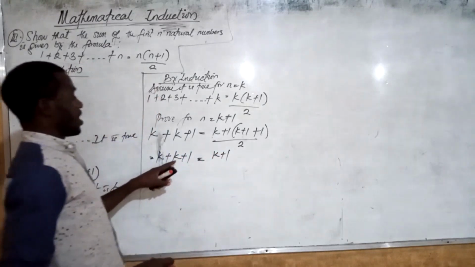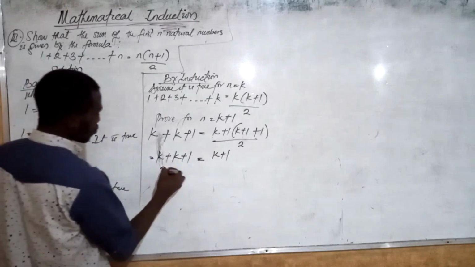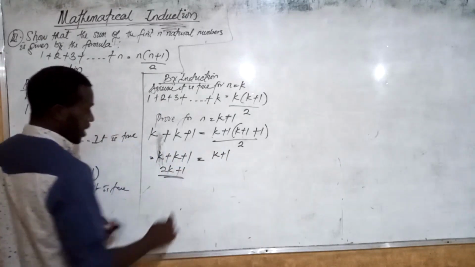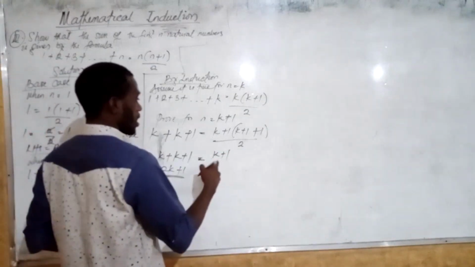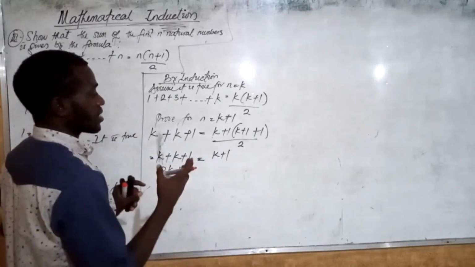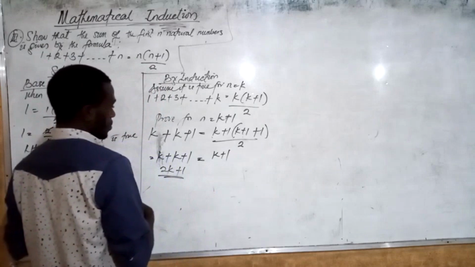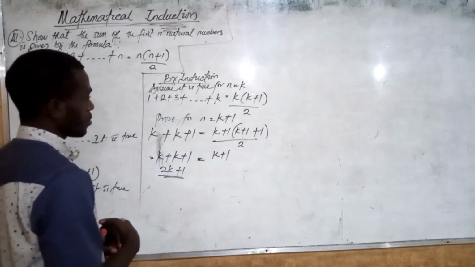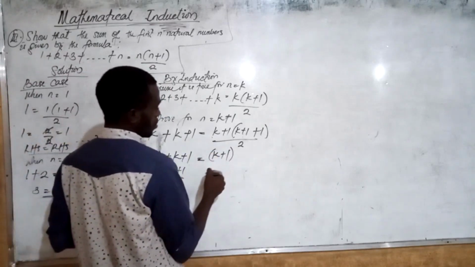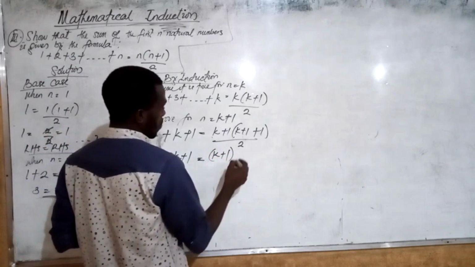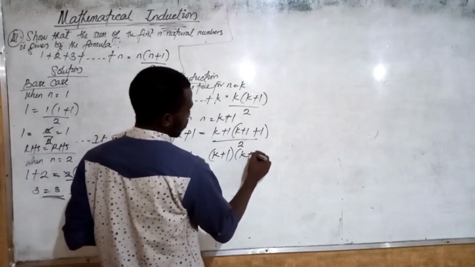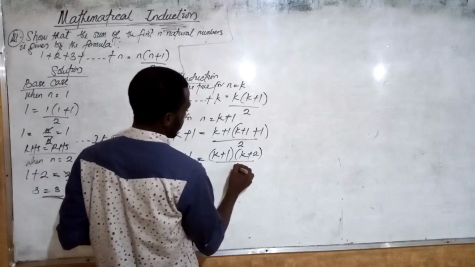So the left hand side is giving us 2k plus 1. So let's hold the left hand side. Let's make sure the right hand side, let's try to make the right hand side equal to the left hand side. So that we have k plus 1 open bracket k plus 2 all over 2.